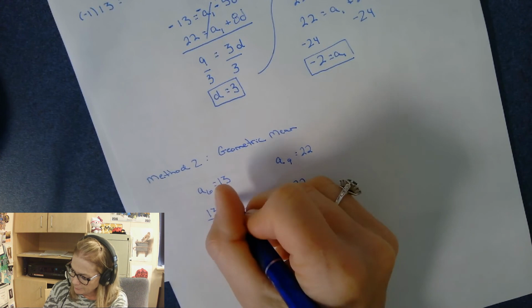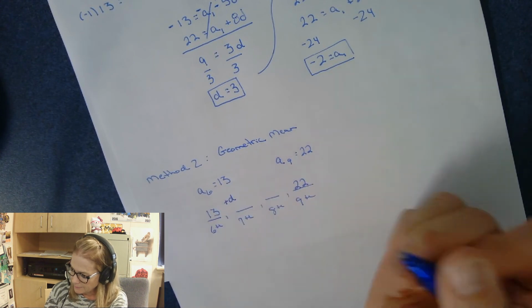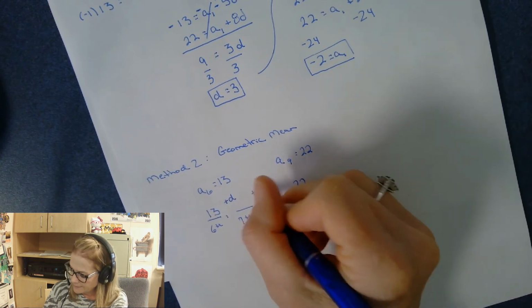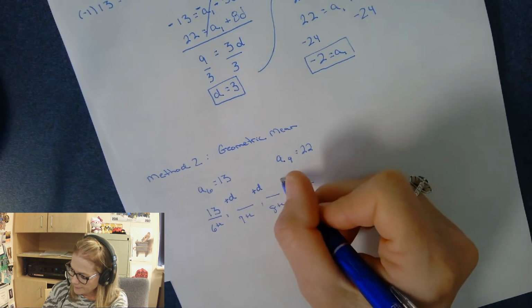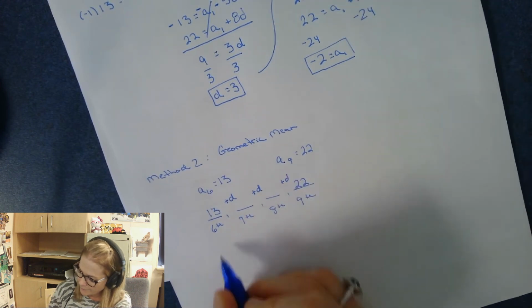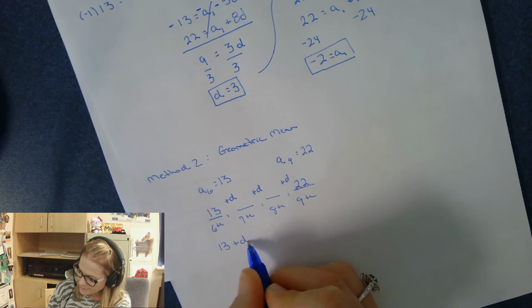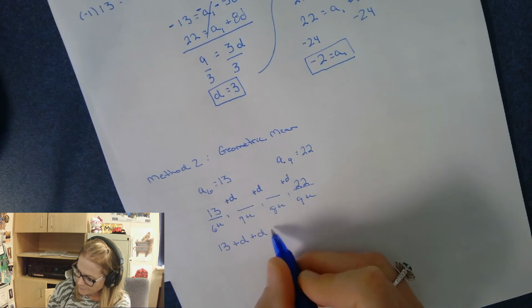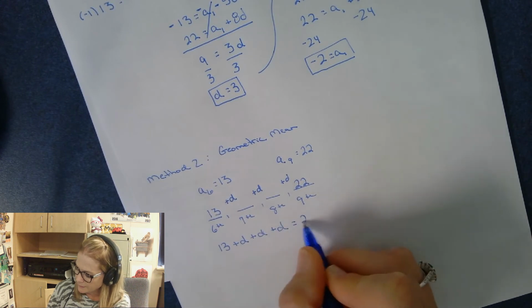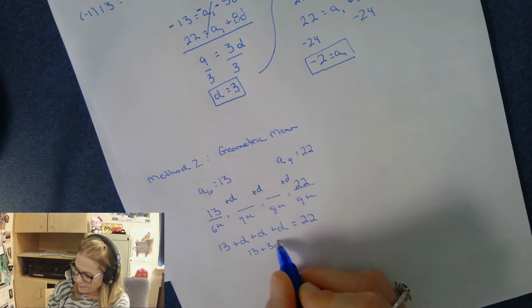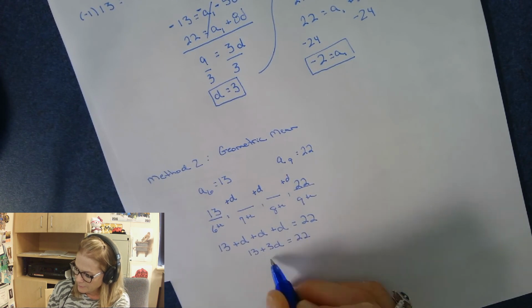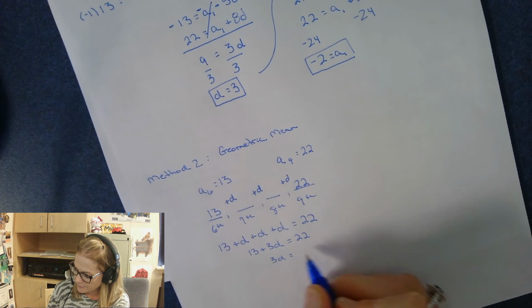Okay, so 13 plus some d got me to the 7th term, and then add another d got me to the 8th, and then add another d, and it got me to the 22. So 13 plus d to the 7th term, plus d to the 8th term, plus d to the 9th term must equal 22. So this is 13 plus 3d equals 22. 3d equals 22 minus 13.